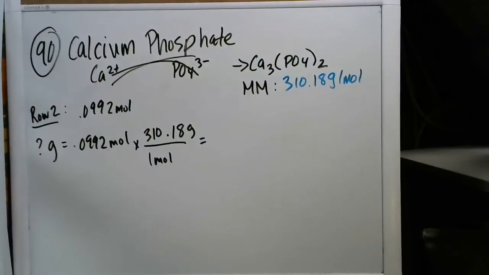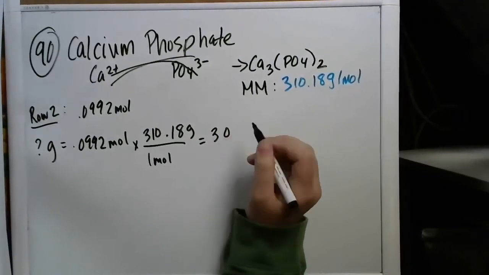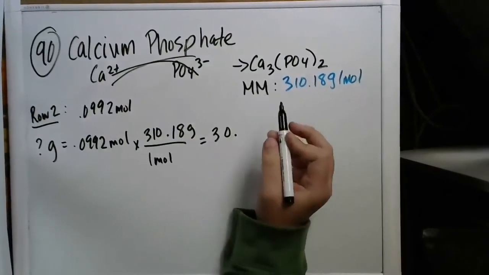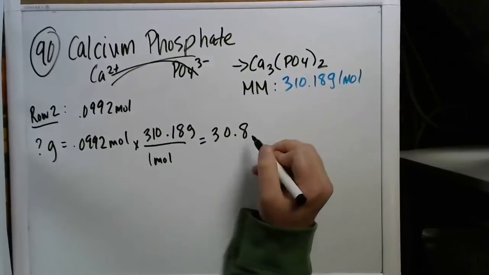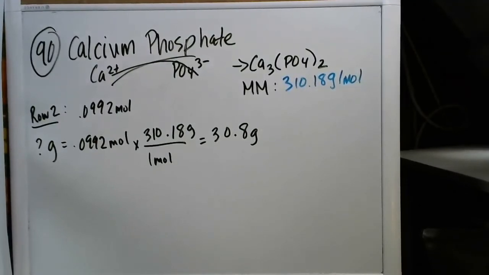Okay. Get my calculator out. And that is 30.8 grams. Okay. Now I have 2 more blank spaces in this table. I want to know the number of molecules of calcium phosphate that are in 0.0992 moles.